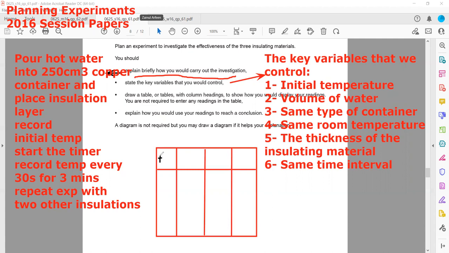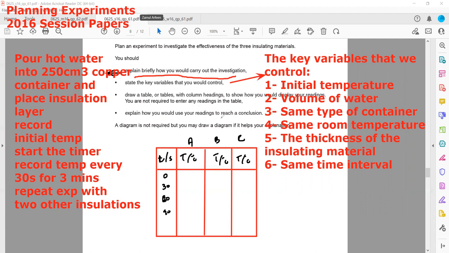So we have time in seconds, and temperature in degrees centigrade for insulation A, insulation B, and insulation C. Time we can mention as 0, 30, 60, 90 till 180, as 3 minutes are there. But temperature you cannot write any value as you are not doing the experiment.